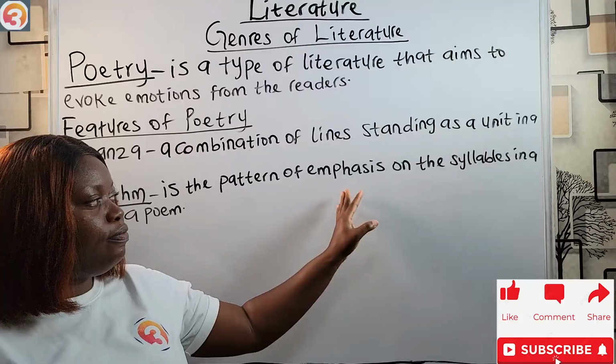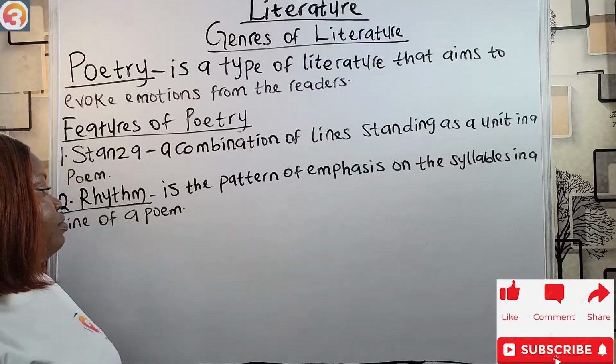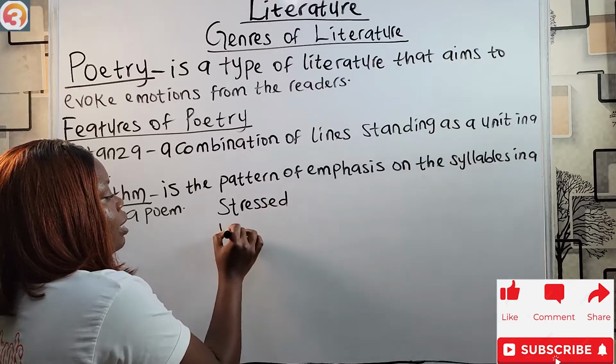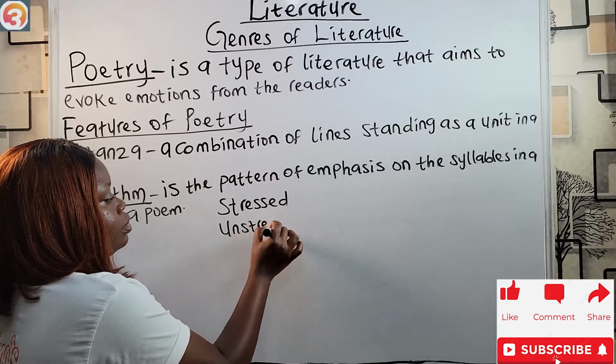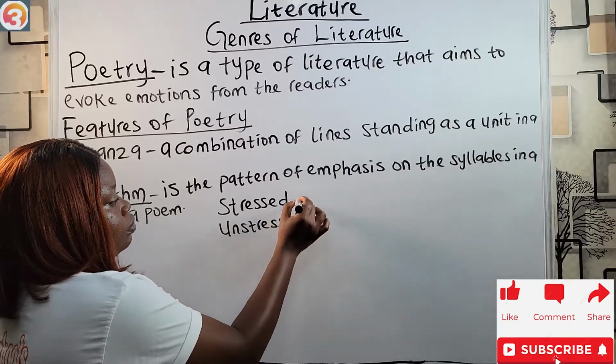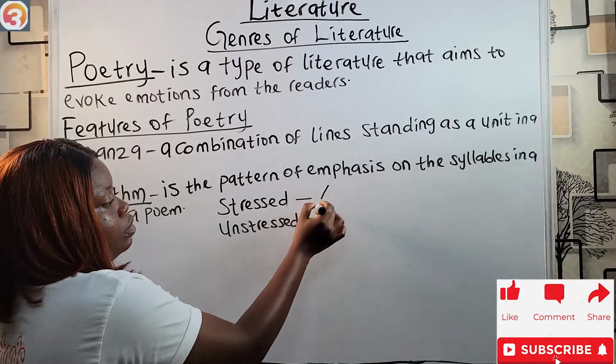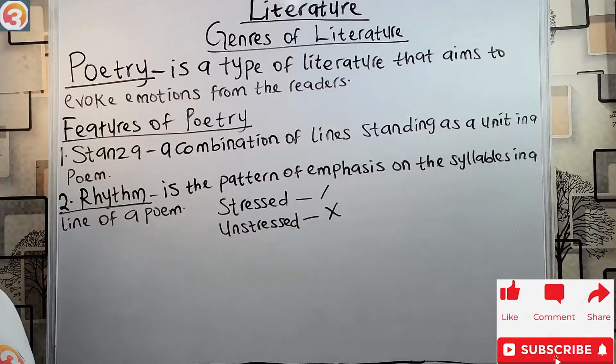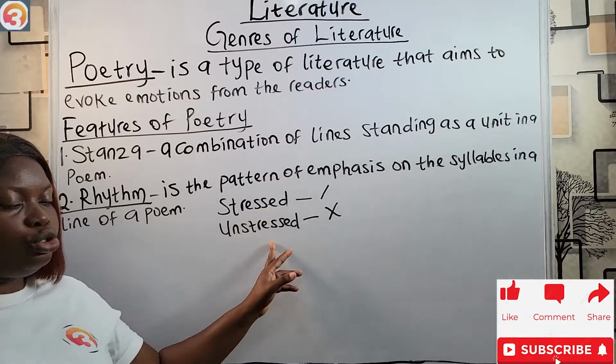The pattern of emphasis. So for syllables, we can have stressed syllables and unstressed syllables. This is depicted with a stroke, and this is with an ox. So we can have stressed syllables, we can have unstressed syllables.